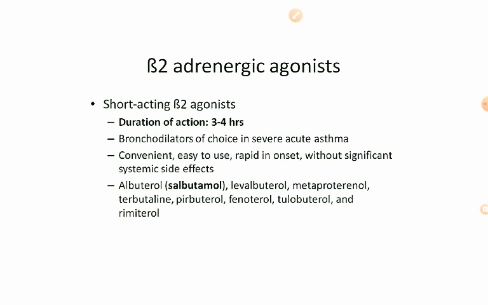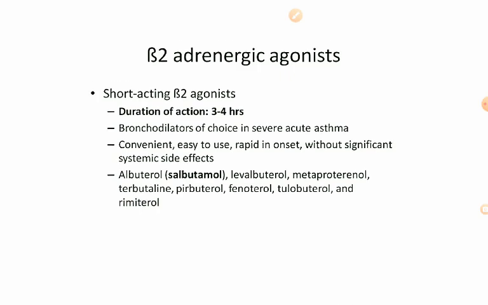Examples of our beta-2 adrenergic agonist: we have albuterol, or salbutamol, or levalbuterol, metaproterenol, terbutaline, probuterol, fenoterol, tiobuterol, and rimiterol.